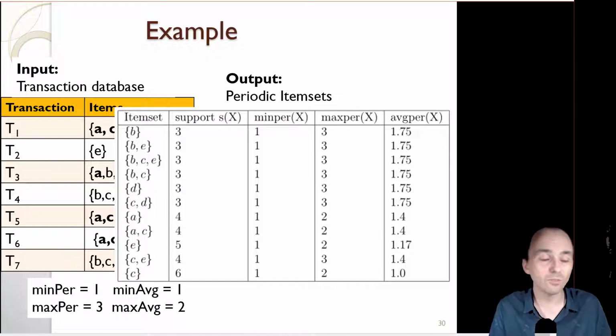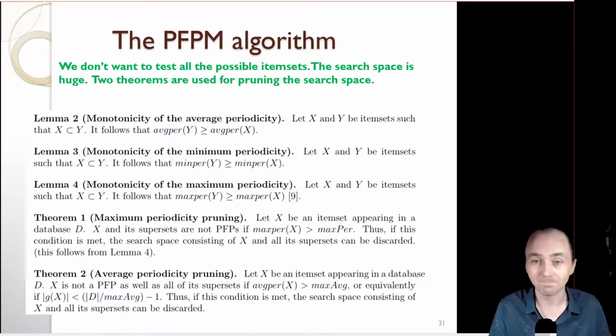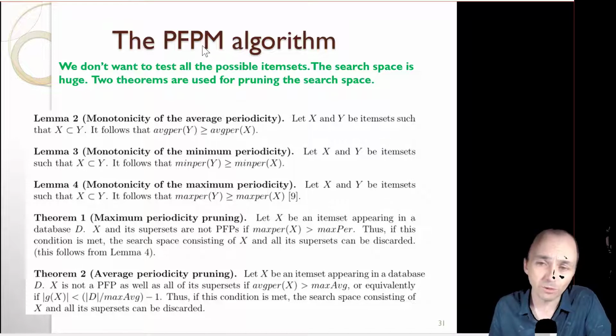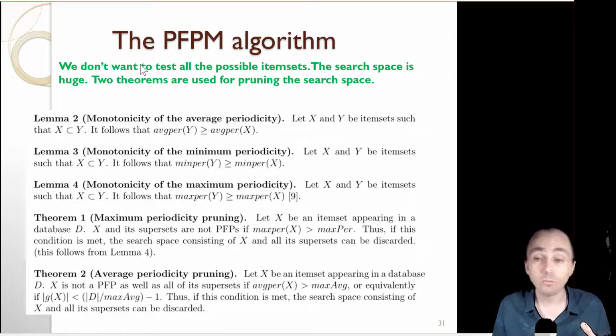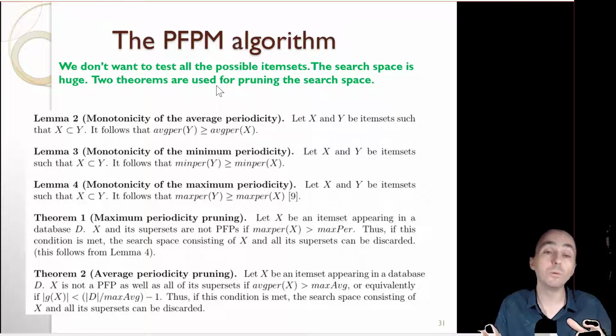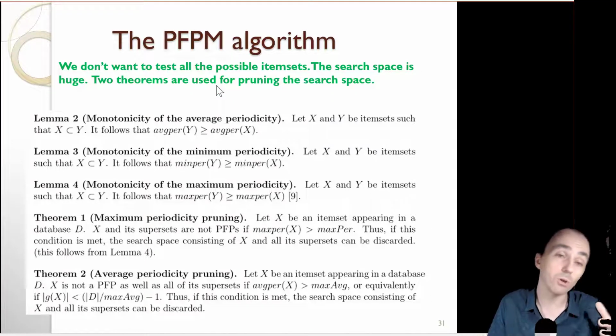So now, if we want to do the algorithm, how can we find the solution for this, to find the periodic item sets? So we designed the PFPM algorithm for this, and again, for this kind of problem, we don't want to look at all the possible item sets. So we need some property to be able to eliminate some combinations, to reduce the search.